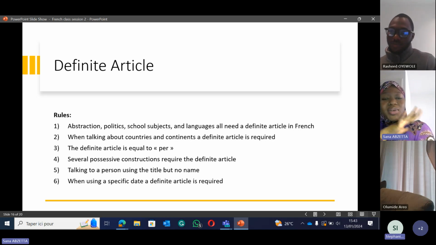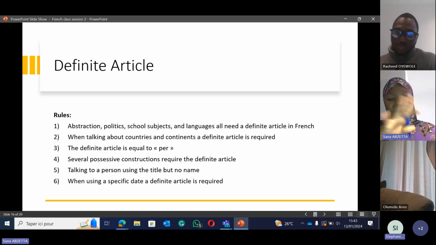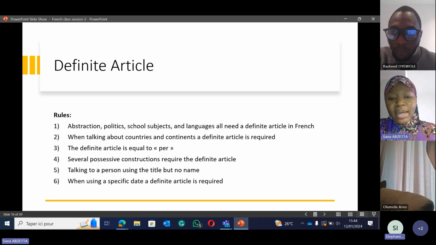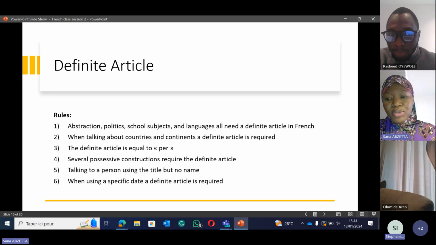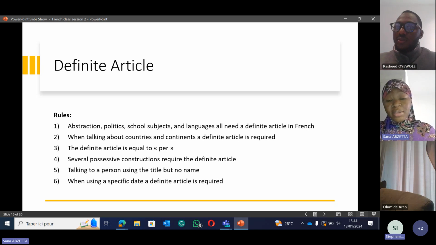And lastly, if you are talking about a specific date or time, the definite article is also required. If you want to say today is the 13 January, you will just say aujourd'hui, c'est le 13 janvier.